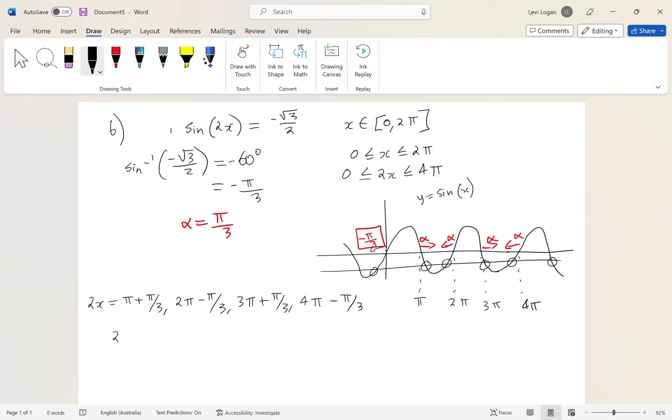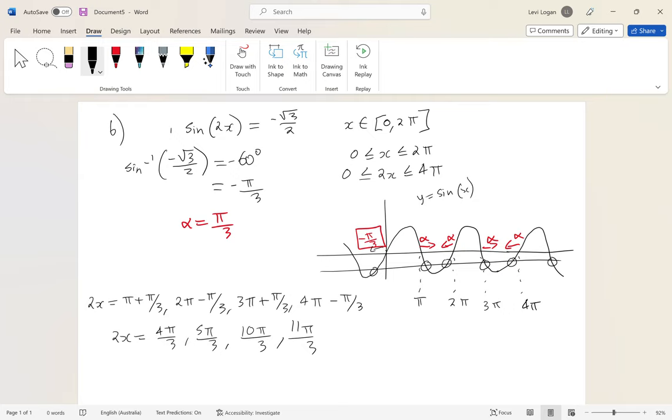So therefore 2x equals 4 pi over 3, 5 pi over 3, 10 pi over 3, and 11 pi over 3.